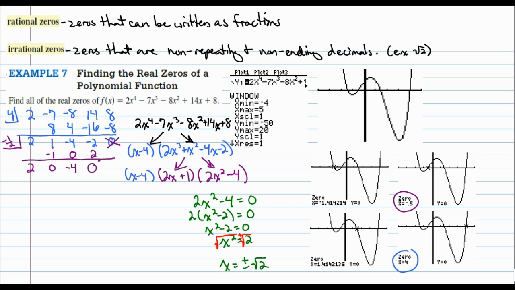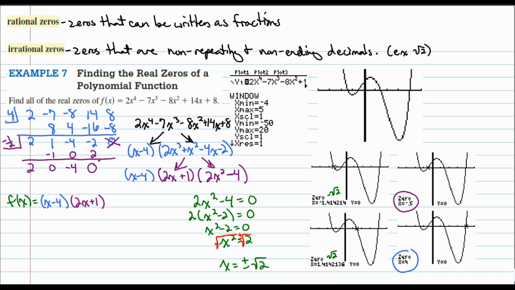Now if you check in your calculator, the square root of 2 is 1.414214, etc. So we did find this is the negative square root 2, this is positive square root 2. But again, you're going to be graded on the breakdown of all of this algebra. So our concluding statement can say f of x equals our first piece we broke down, x minus 4, times the second piece, 2x plus 1, times, now we have the 2 that we factored out in front.